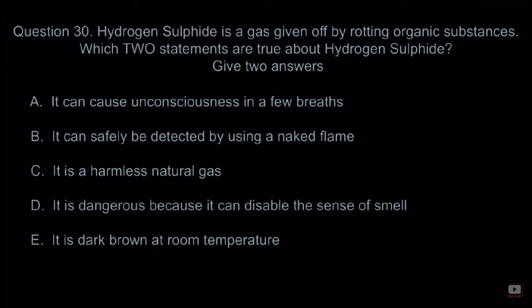Question 30. Hydrogen sulphide is a gas given off by rotting organic substances. Which two statements are true about hydrogen sulphide? Give two answers. A. It can cause unconsciousness in a few breaths. B. It can safely be detected by using a naked flame. C. It is a harmless natural gas.